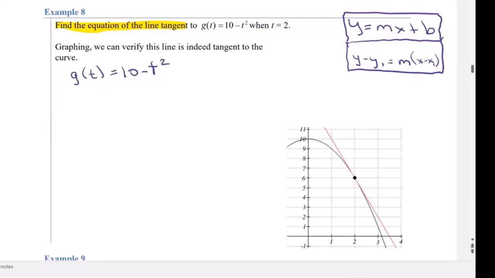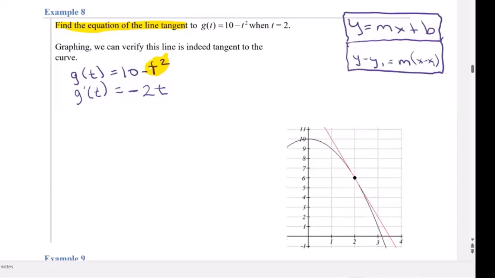And then g prime of t, well, again, the derivative of a constant is 0. So I have minus, and then I use my power rule on this. So this becomes 2t to the 1 power, which is just 2t. And that's what we really just use.